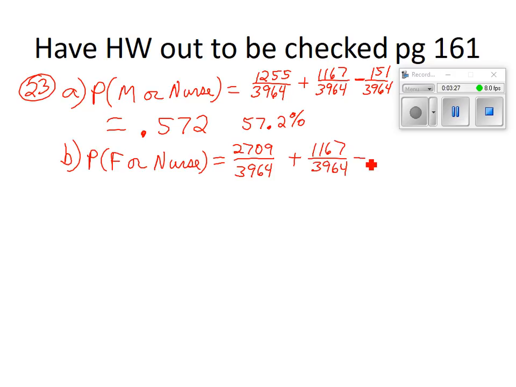Now again, we could have a female who is a nursing major, so we have to subtract that off. How many females are nursing majors? 1,016. Add these two together, subtract that, get that answer, then divide by 3964.